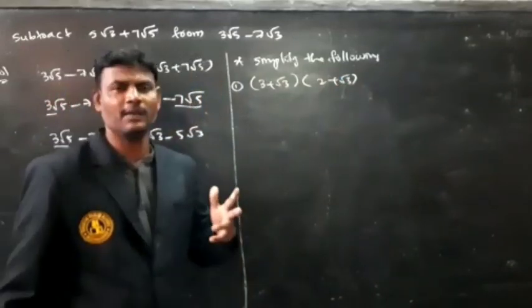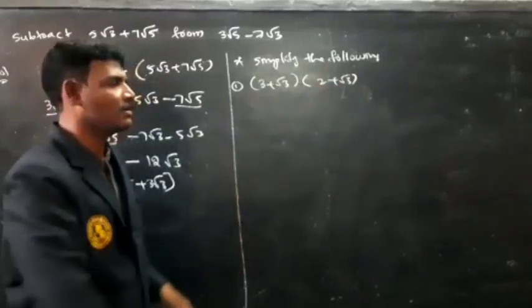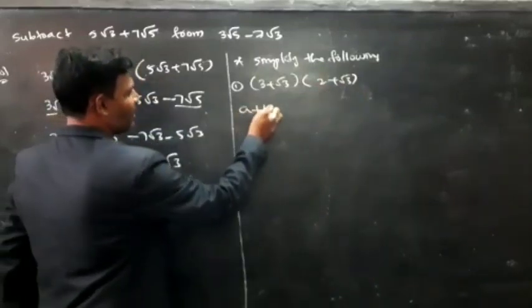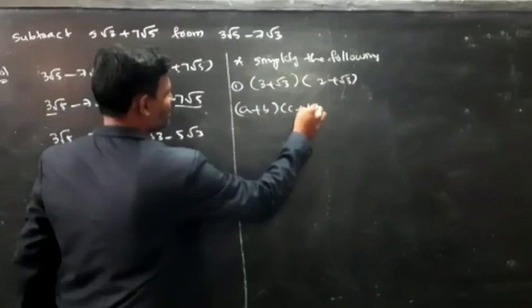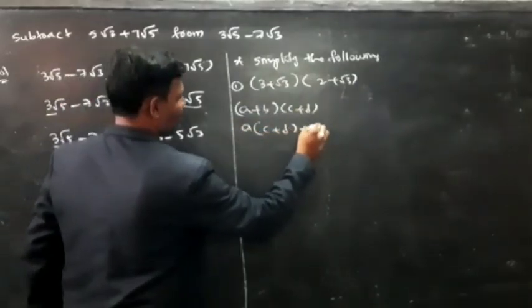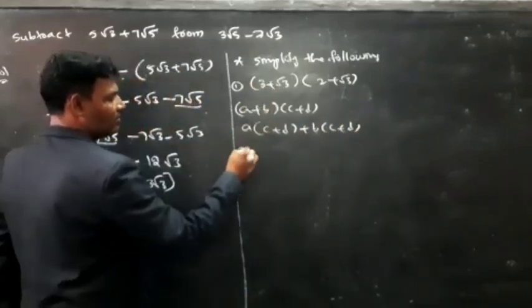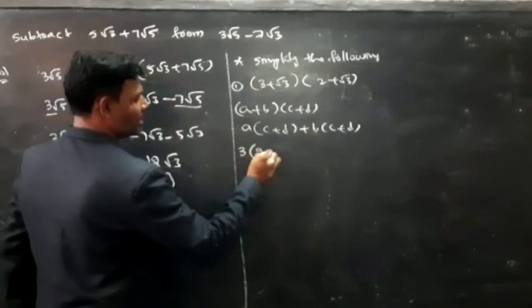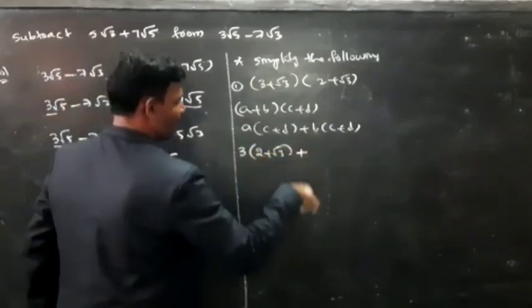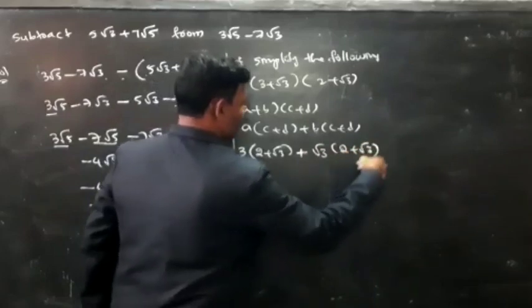Now we have to find the product of 3 plus root 3 and 2 plus root 3. See here, the product of a plus b into c plus d. Here, first what can we write? A into c plus d plus b into c plus d. So by using that, what can we write here? 3 bracket 2 plus root 3 plus root 3 bracket 2 plus root 3.